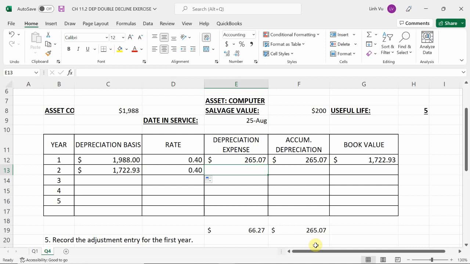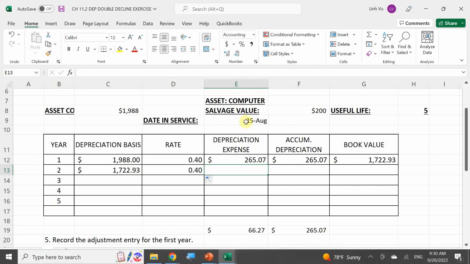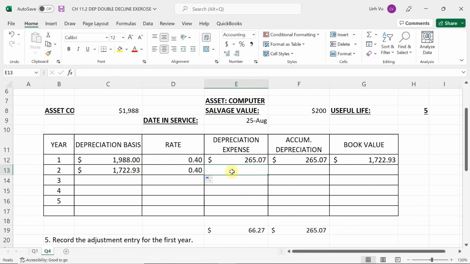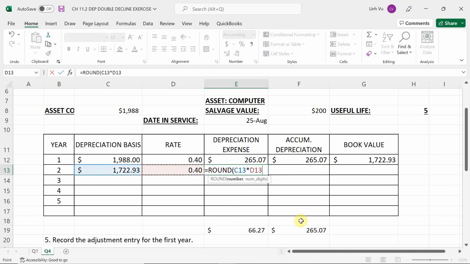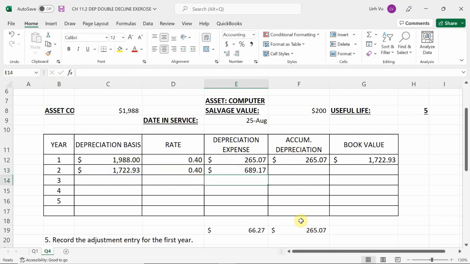Now, I'm depreciating it for a whole year, from January all the way to December 31st. So what is my depreciation expense for the second year? $689.17. Okay, 689.17. All right, good.